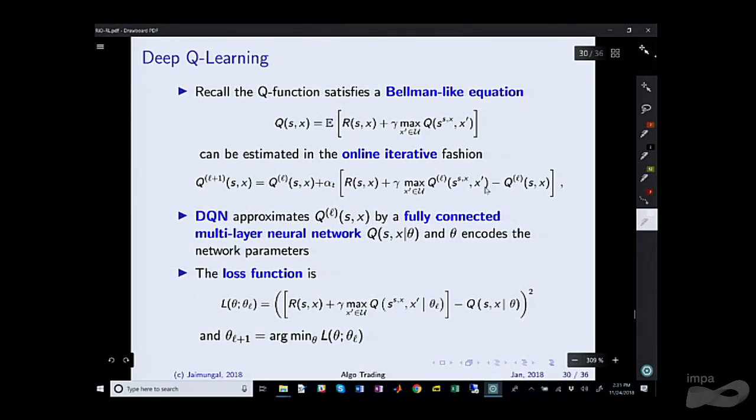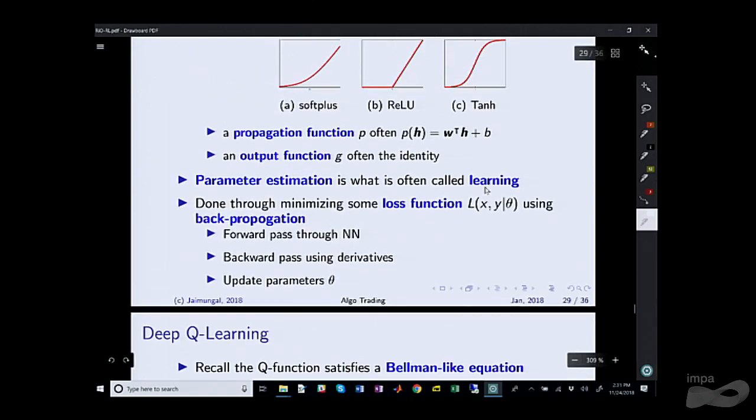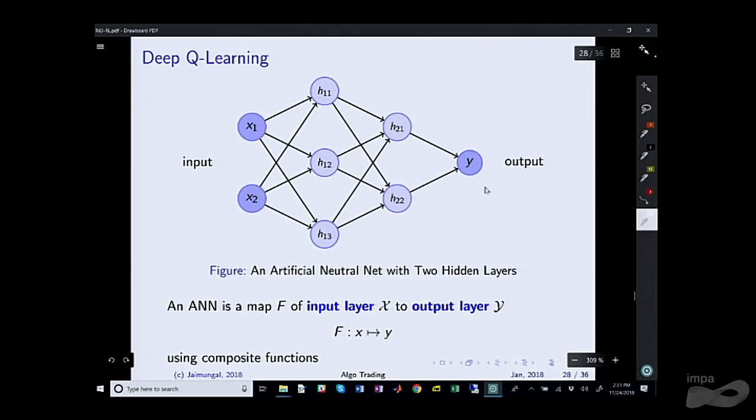So the idea of this deep Q learning is that you view the current estimate of Q as a function of state and action as a fully connected neural net. What does fully connected mean? It just means that every hidden node is connected to the next hidden nodes, every one of them.